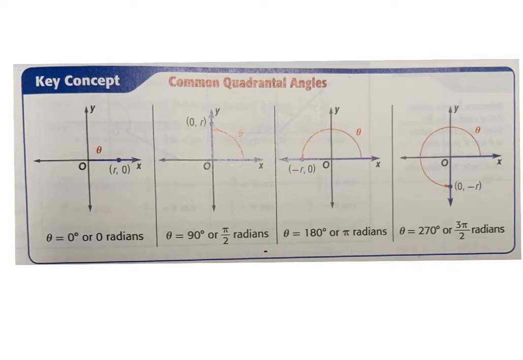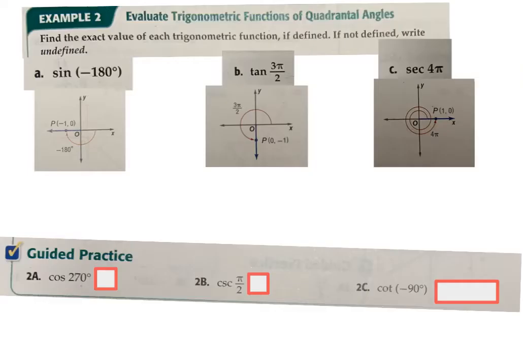And what if we put this into something like this: sine of negative 180. So we went this way, and we ended up at the point negative 1, 0. They want the sine. Sine is y over r.